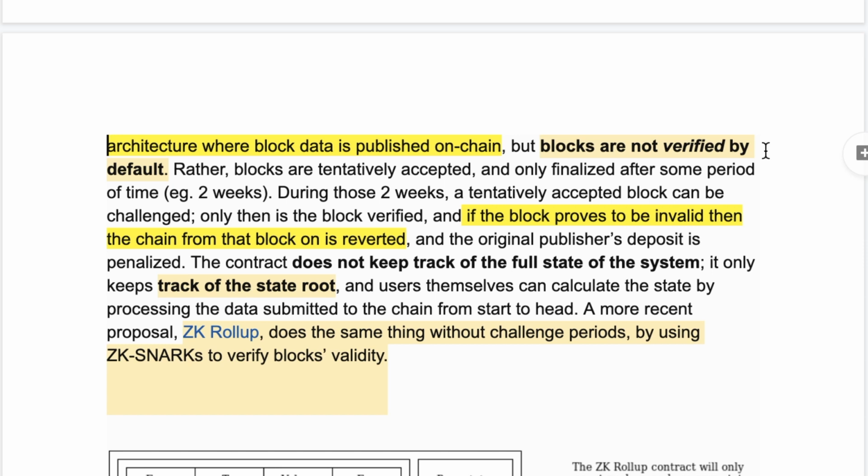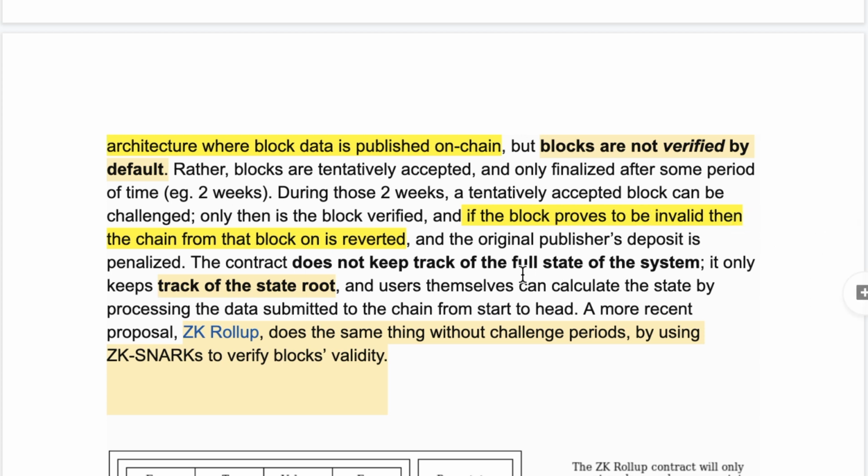Even though the block data is not verified by default, if there's something wrong with the block, as far as I understood, the block can be challenged. And here it states, if the block proves to be invalid, then the chain from that block is reverted.